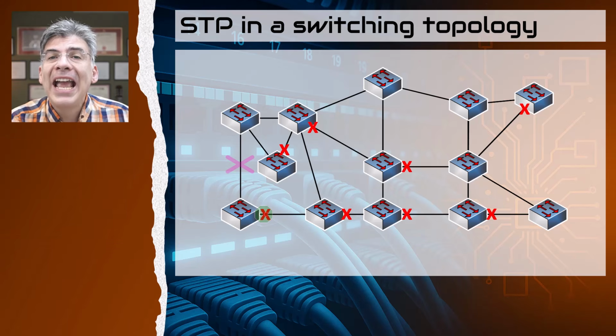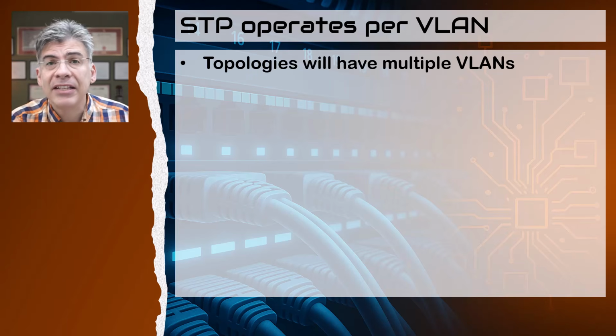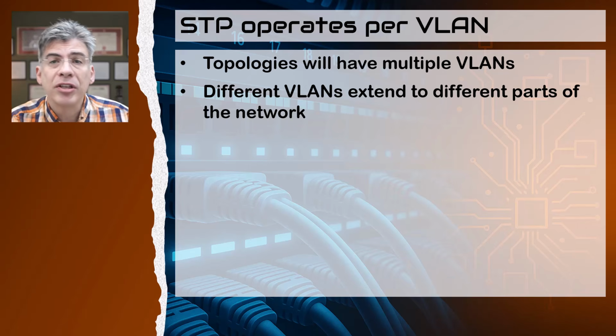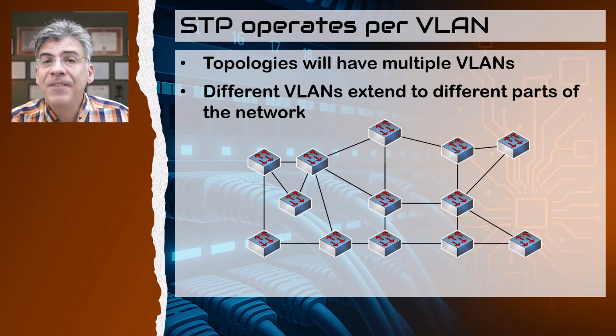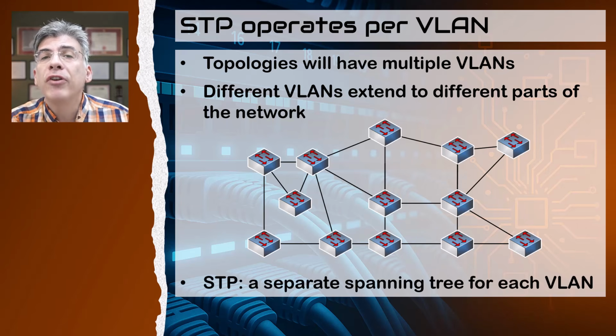Now remember that any such topology will have multiple VLANs, and different VLANs will extend to different parts of the network, as some are allowed on some trunks while they're not allowed on others. This means that each VLAN has its own logical topology across the physical topology like this one. For this reason, STP creates a separate spanning tree for each VLAN.